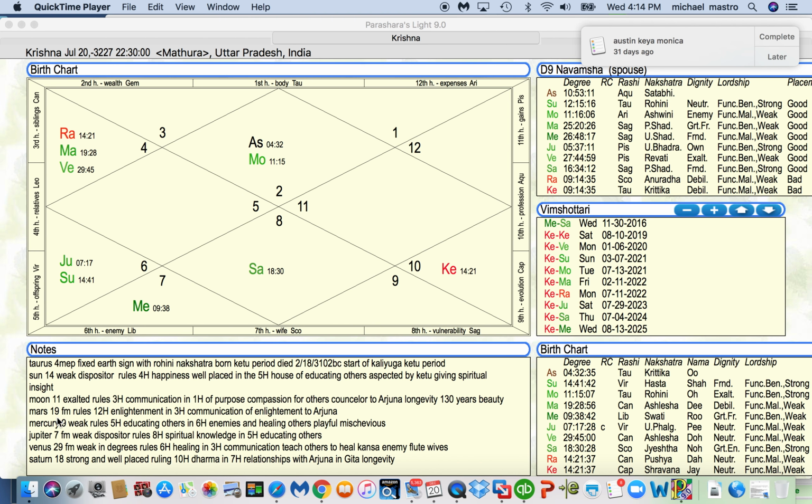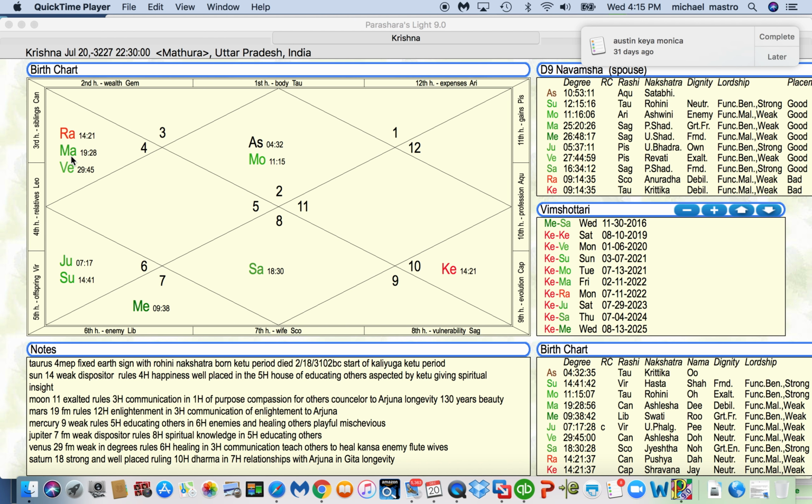So Mars is at 19 degrees, and remember we said that Mars is a functional malefic, and it rules this 12th house of enlightenment, but also a feeling of separateness. And it is in the third house. You see, he has 3 planets in the third house, which makes him a great communicator, and gives Rahu here gives him great charisma.